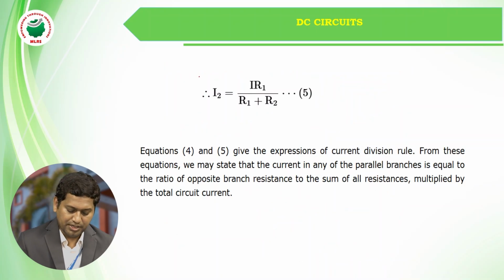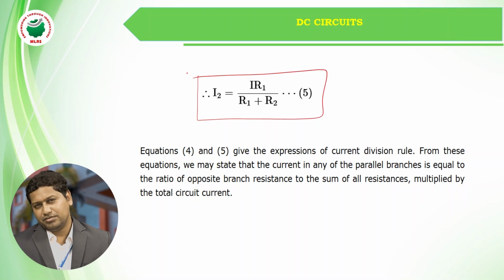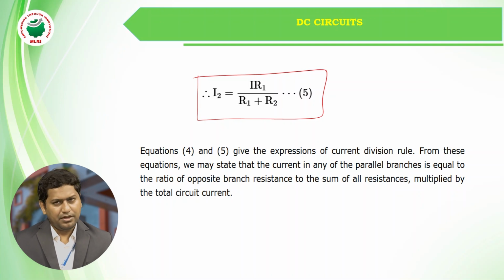So finally, as we have seen for I1, the current in the first branch, similarly I2, the current in the second branch, is equal to the total current into the opposite resistance, that is R1, divided by the total resistance, that is R1 plus R2.